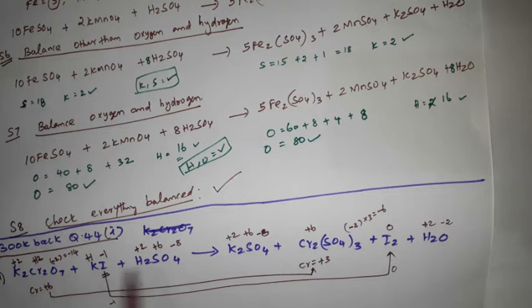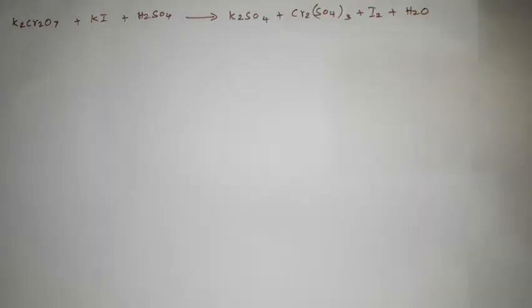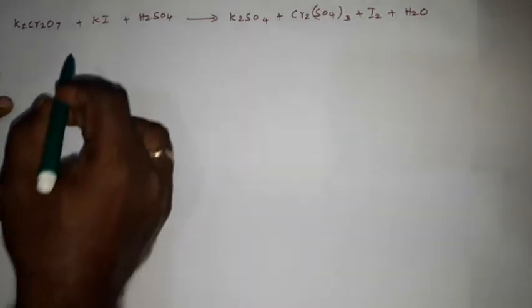Step 1 we have assigned oxidation number. Step 2 we have identified which atom shows change in oxidation number. Third step we are going to balance the atoms that show change in oxidation number. Okay. So now in step 3 you have to balance the atoms that show change in oxidation number.